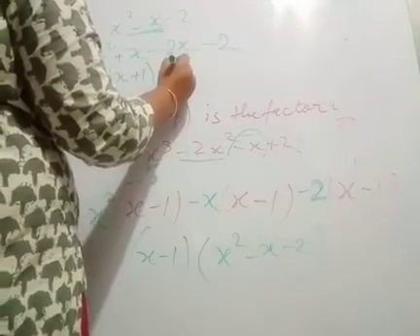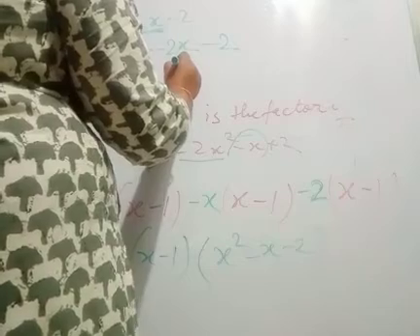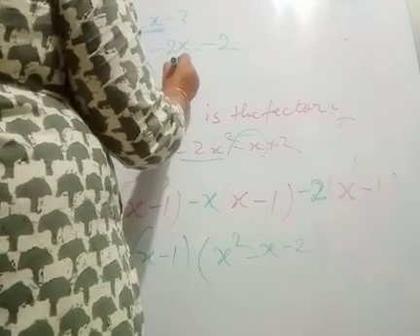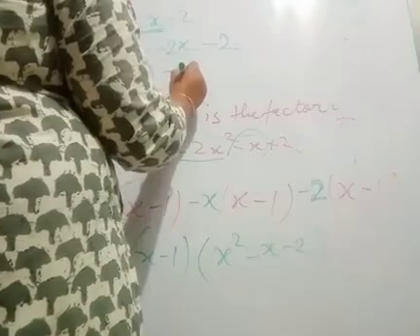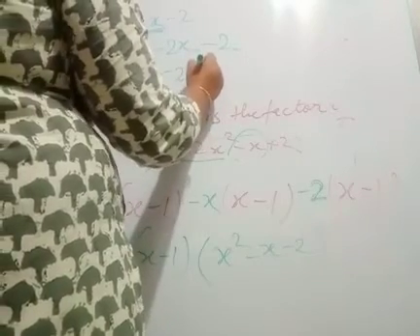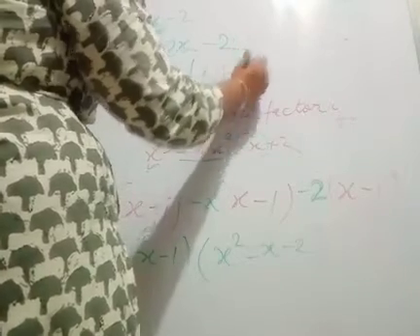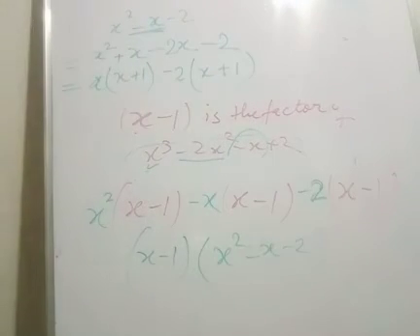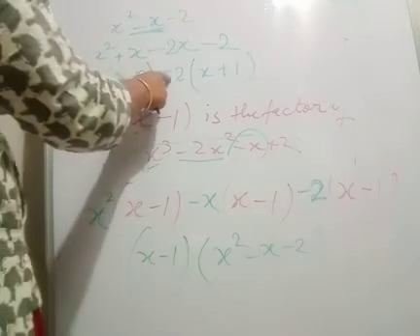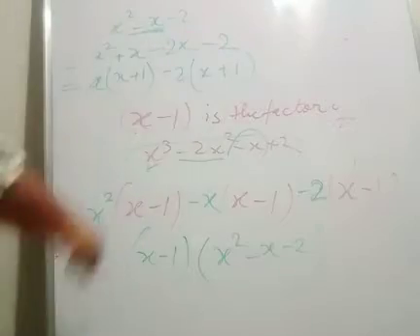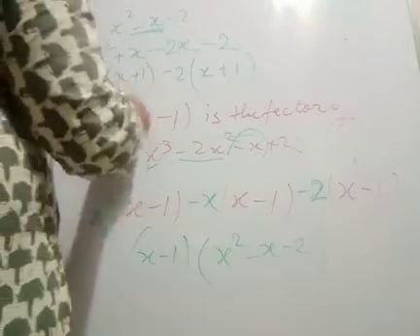I must take minus 2 as common from minus 2x and minus 2. Then it will become minus 2 into x is minus 2x, minus 2 into plus 1 is minus 2. So it also satisfies.